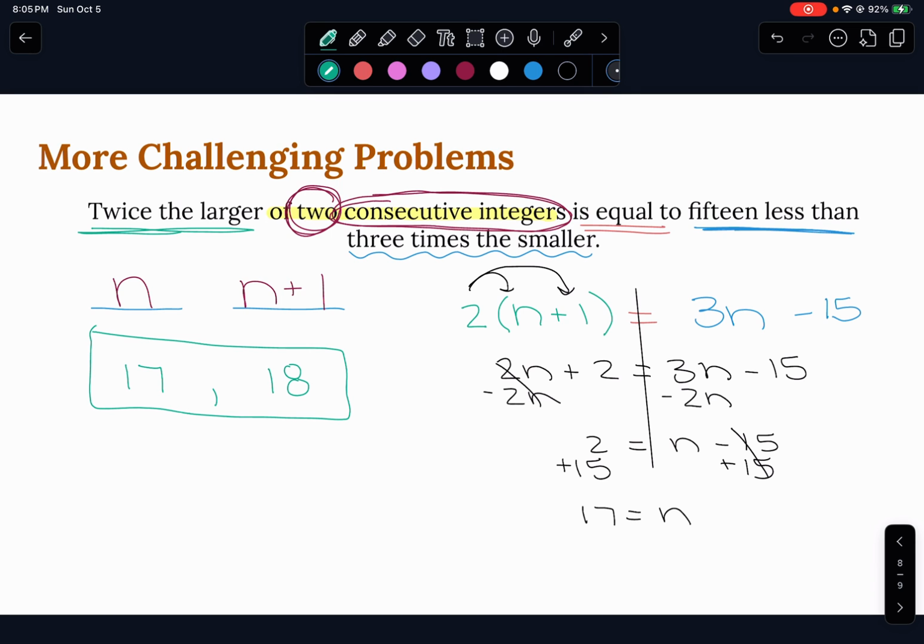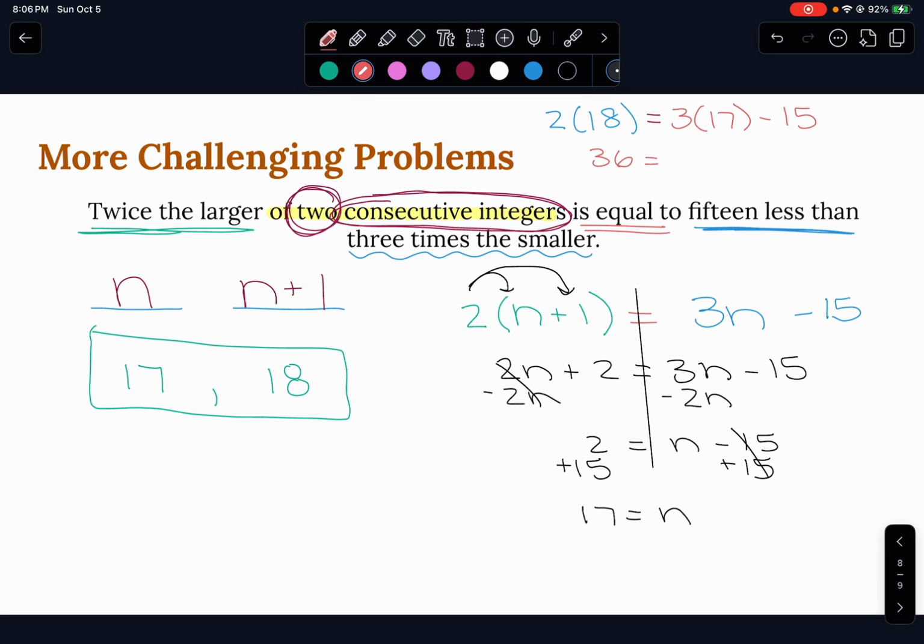And yet again, like we've just talked about, we can always go plug back in to check. We can see is twice the larger number, so is 2 times 18 equal to 15 less than 3 times the smaller. So 3 times the smaller would be 3 times 17 minus 15. And if you were to do that math out, 2 times 18 gives us 36.